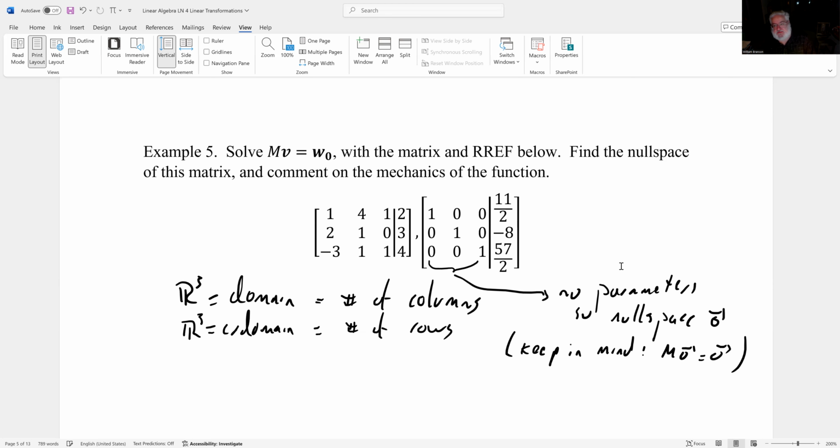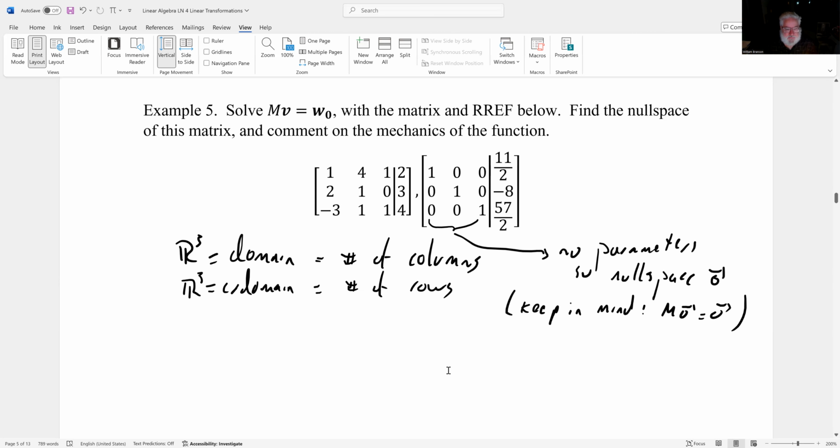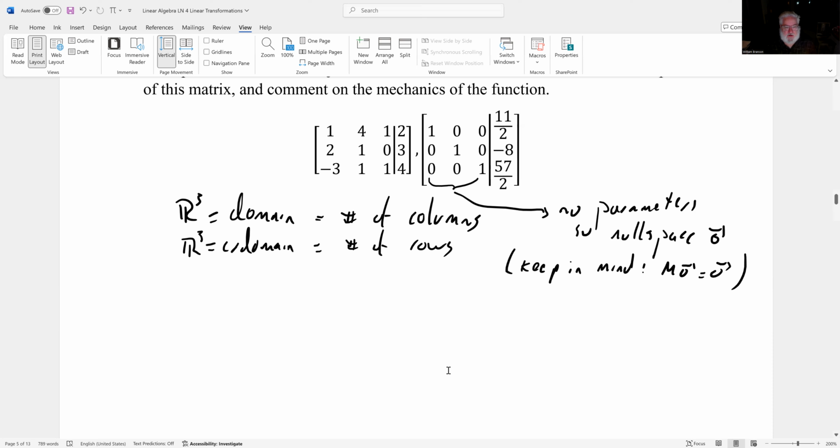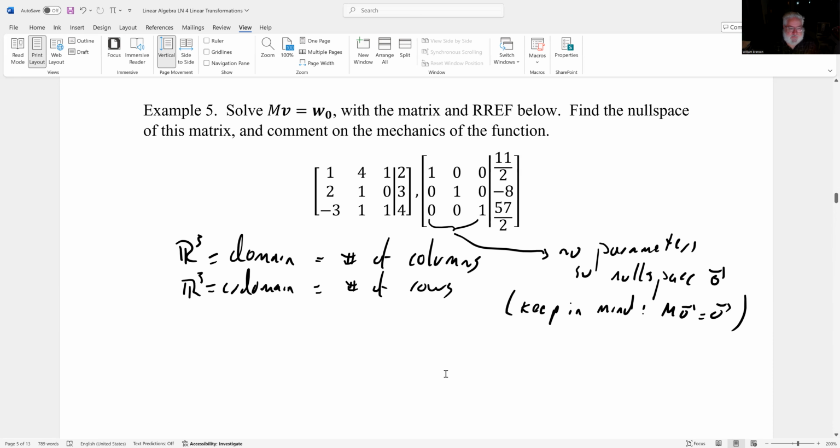Right? M times 0 equals 0 for any matrix. So what's going on here? This is our matrix M. This is our W0.